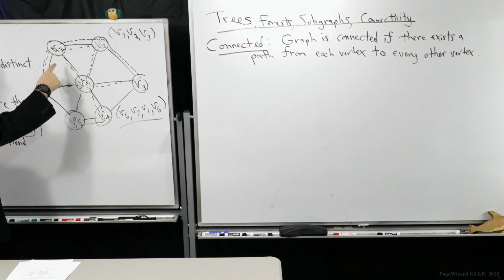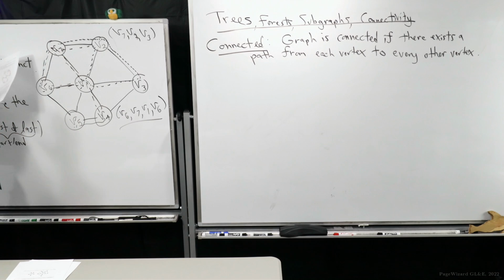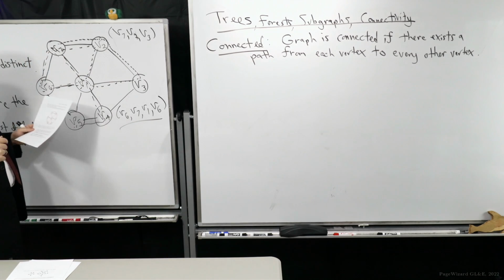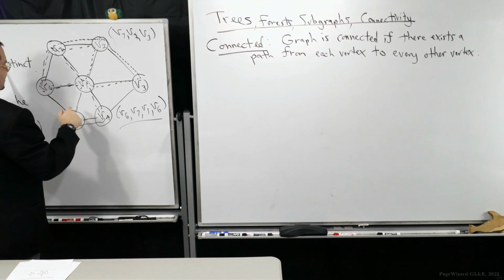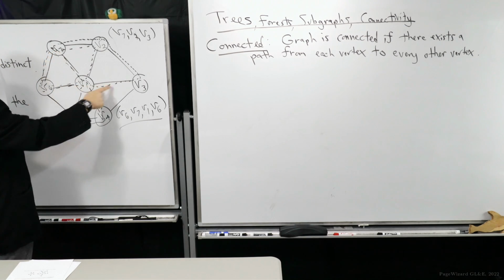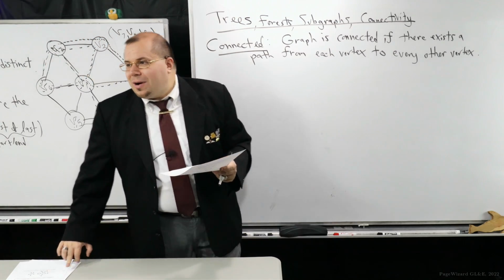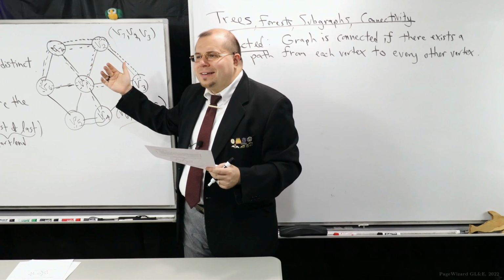I can also get to V4 from this path. That's one possible path. The point is that it exists. It has to exist. Having multiple paths doesn't make any difference here, as long as at least one exists. Also, V7 can get to V3. You'll notice that each one of these pathways I can also take to go from that vertex to V7. Does everybody see that?